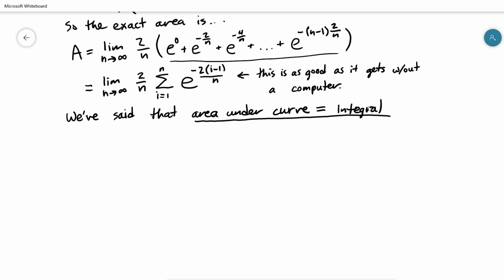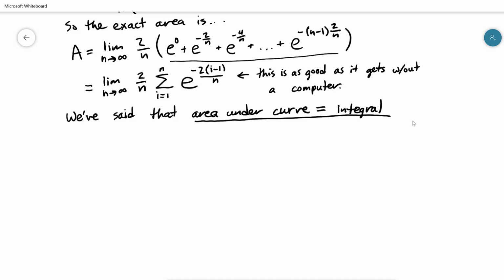Whatever those tiny things happen to represent, you add up a bunch of tiny pieces of apple, and you get one big piece of apple, right? The units of the small pieces need to match the units of whatever the big sum of all of those little pieces is. So I just want to emphasize this now, and I'll reinforce this even more when we get to the next section, section 5.2. For now, this is as good as it gets without a computer.